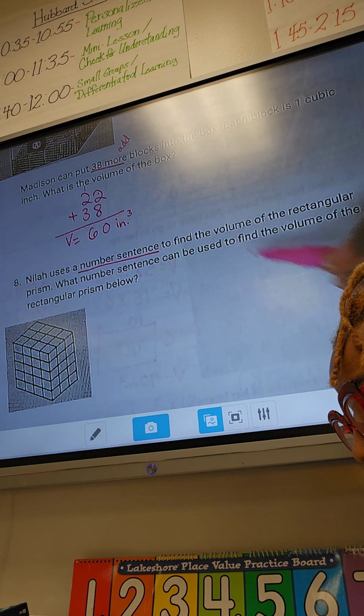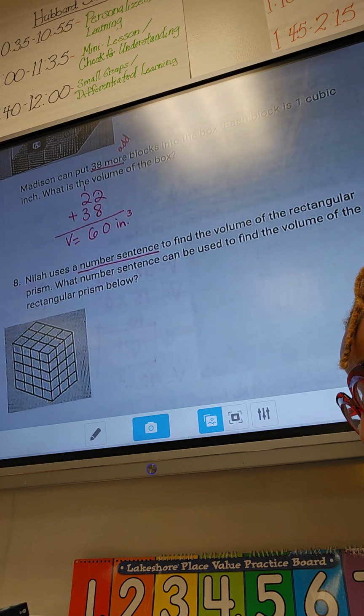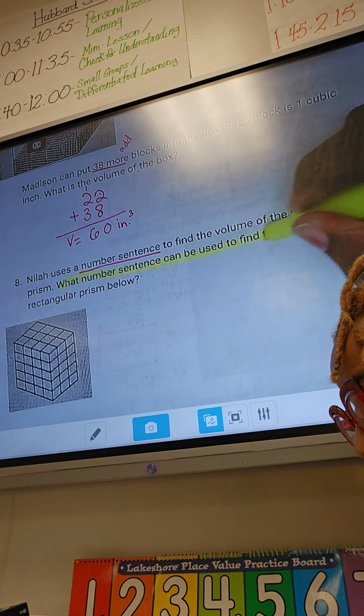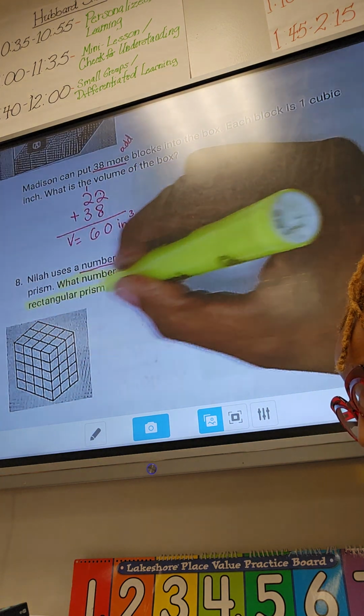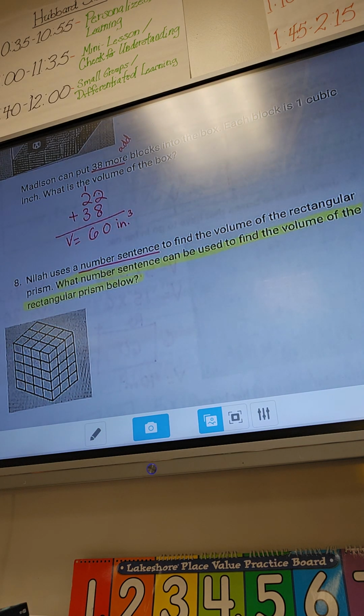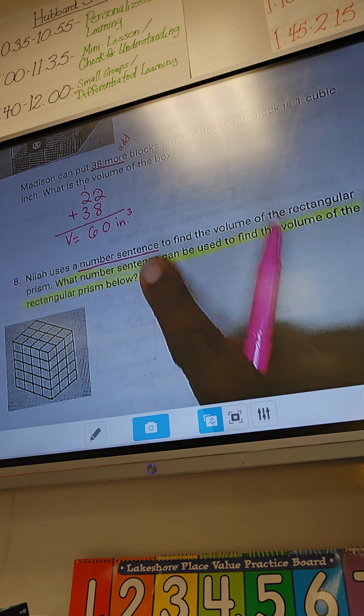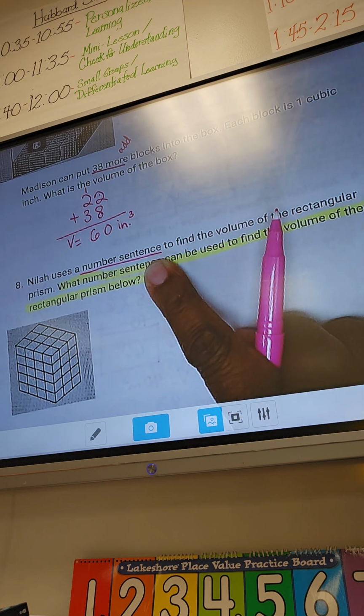The question is, what number sentence can be used to find the volume of the rectangular prism? Does it ask for us to solve? No. So don't overdo. Some of the classes this morning we overdid because some of them wanted to know how to find it. But it doesn't ask you to solve. It just asks what is the number sentence or expression that you can use.